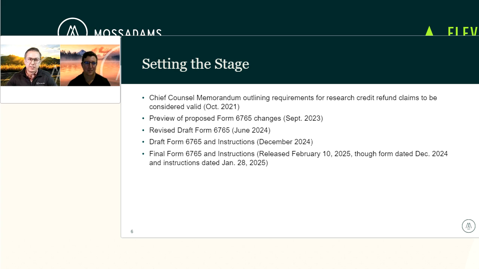So, setting the stage, giving you some background here, let's start by talking about how we got to this point. The evolution of the new Form 6765 stretches back many years. Back in 2005, if you look at the IRS audit guide, they flagged what they referred to as prepackaged R&D credit submissions. Think of these as a package that maybe includes a very high-level calculation and a lot of boilerplate template language without any real detail or substance behind it.